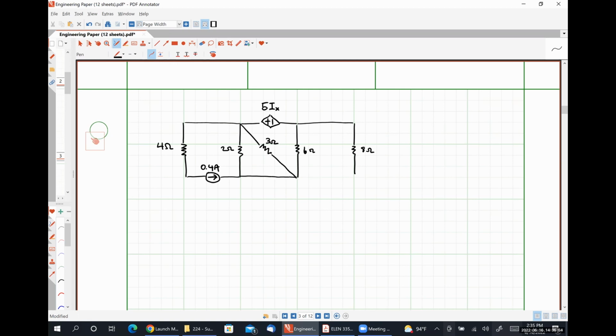Short circuit across here. A 10 ohm resistor here. A 15 volt source here.